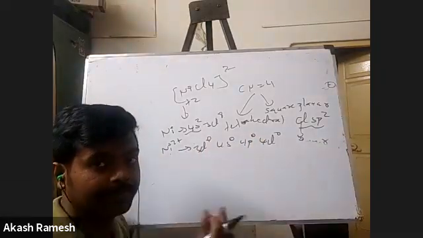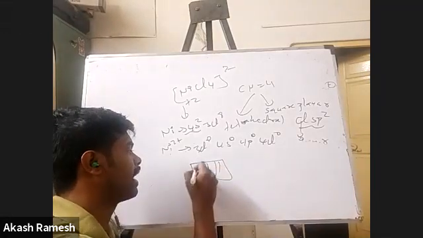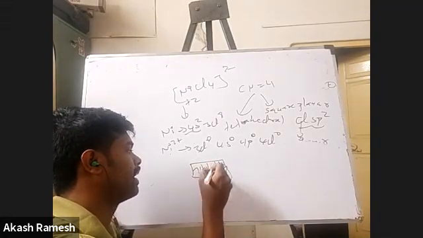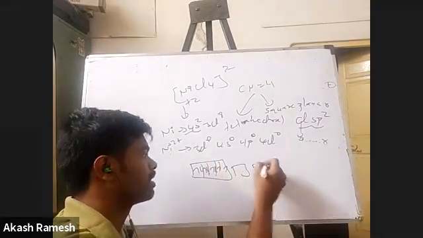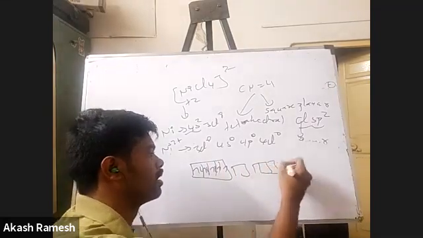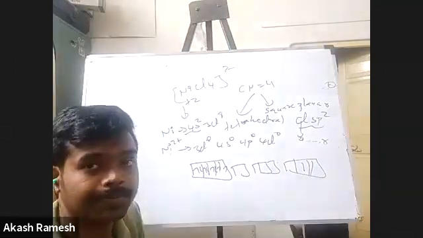No issues. Now in 3d I have 8 electrons. 4s is having 0, 4p is also having 0, 4d is also having 0.